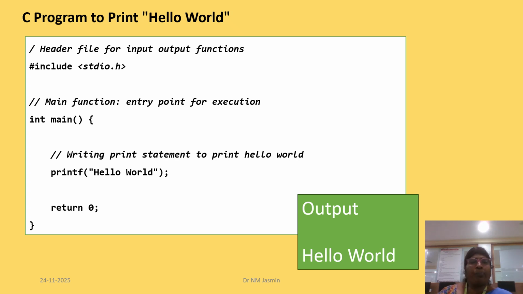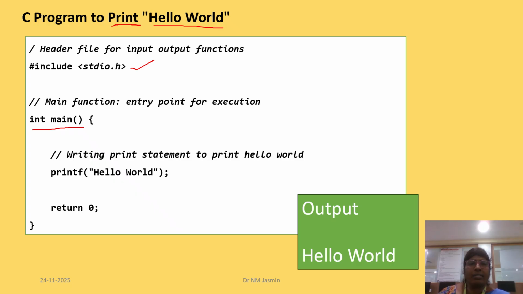Next, if you want to print hello world in double quotes using a C program, you first start your C program with the header file for input output functions. Next, give the main function where we have the entry point for execution.